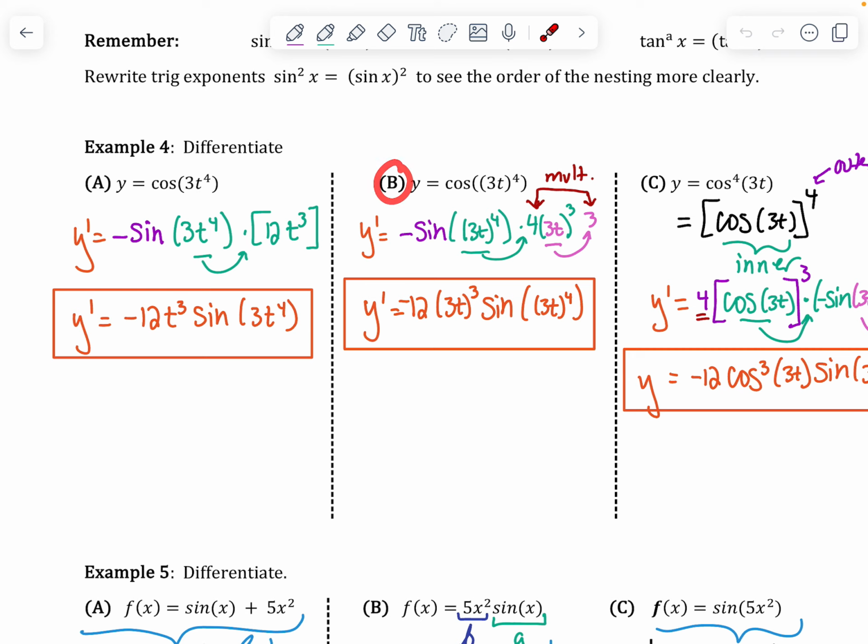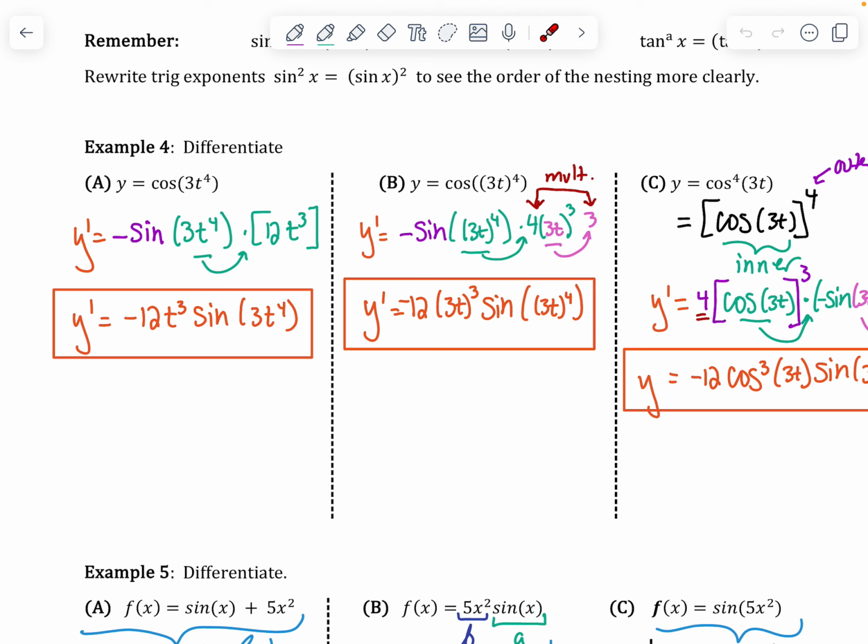Question B looks very similar, except instead of the 4 exponent being on the t only, it is on the monomial 3t, so a coefficient times t. So again, I see a cosine first, whose derivative is negative the sine. Whatever is in these parentheses is completely duplicated with the sine.